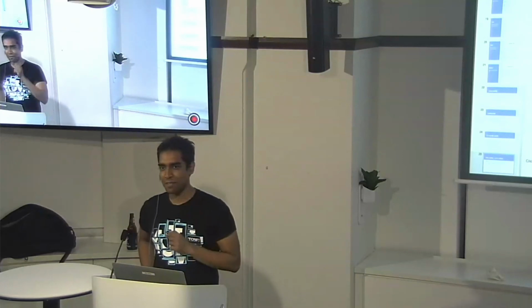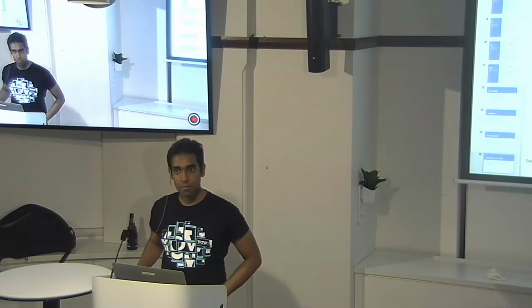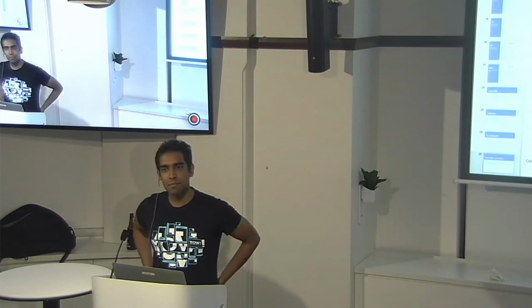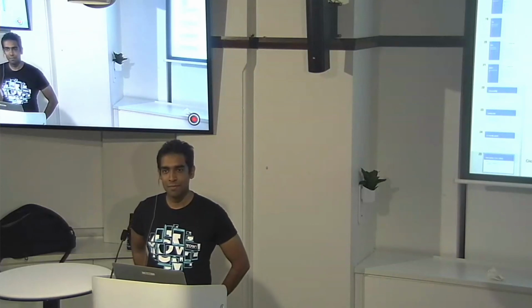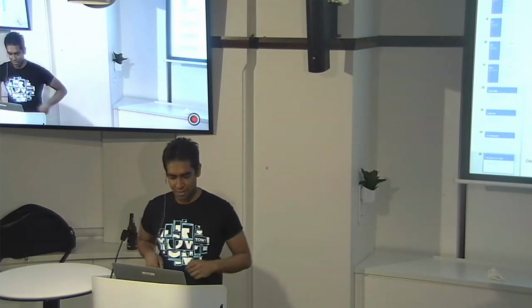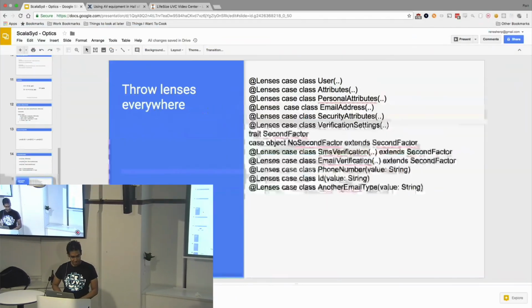I'm not sure if you answered this one. I haven't used much Scala, but I noticed the @lens notation. Can you, to someone that hasn't used Scala, explain how you would do that yourself? You want to build a macro. How does that magic work? I don't know. I'm not the best person to explain that.